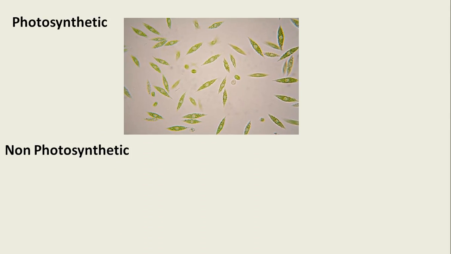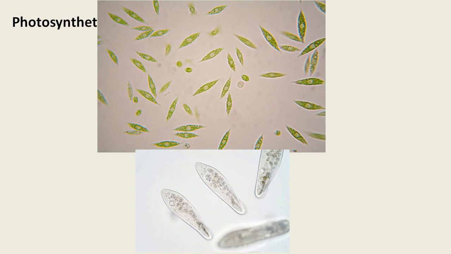Then the next parameter, already discussed: photosynthetic organisms or non-photosynthetic organisms. Photosynthetic organisms have the chlorophyll pigment, and non-photosynthetic organisms are absent of chlorophyll. In those two pictures we observe that in the upper picture green pigmentation is present, and in the lower, the animals are absent of the chlorophyll pigment.